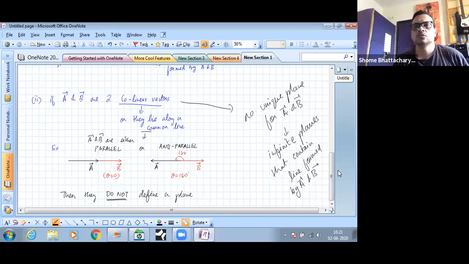So now what does collinear mean? Collinear is that they should be lying along one straight line. So the two vectors we are talking about should be lying along one straight line.